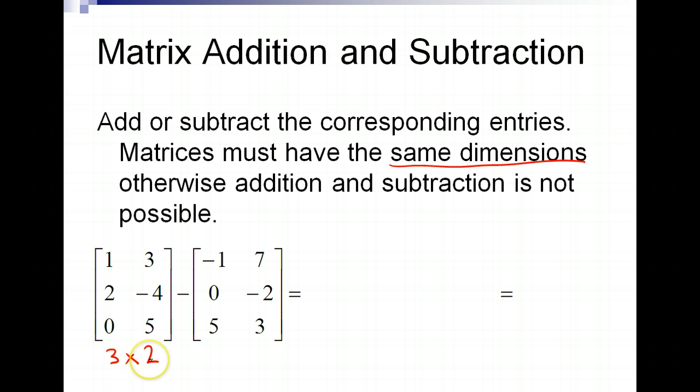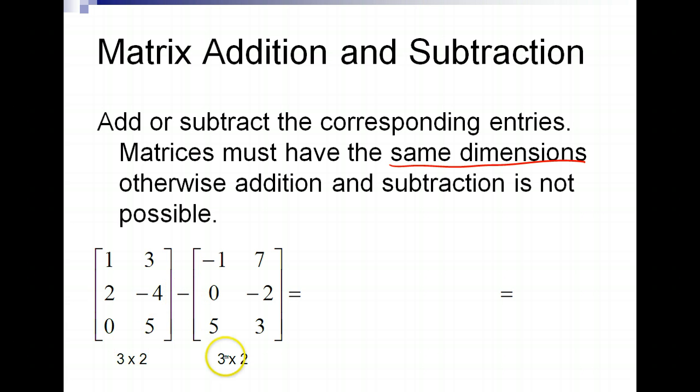Rows by columns. And in my second matrix, I have 1, 2, 3 rows, 1, 2 columns. Since both of these are the same, I can perform addition or subtraction. In this case, I'm going to perform subtraction.